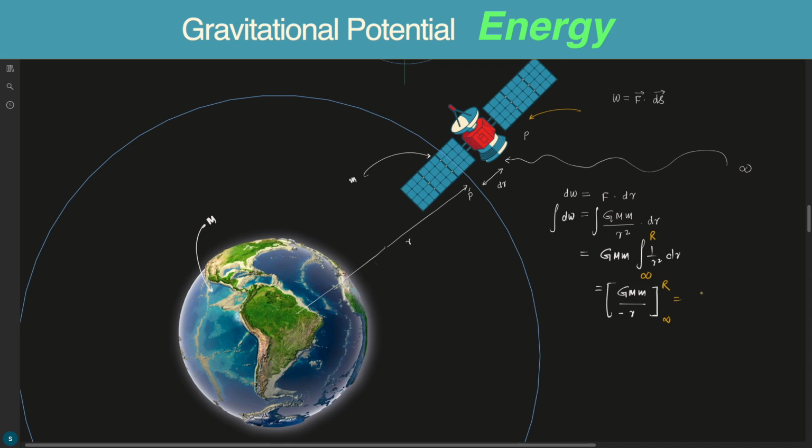This becomes minus GMm by r, and this is the formula for gravitational potential energy. If the mass of the satellite is 1 unit, then the equation becomes GM by r, and that is the value of the work done, which we name the gravitational potential.